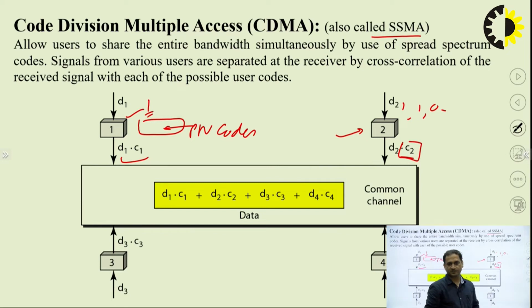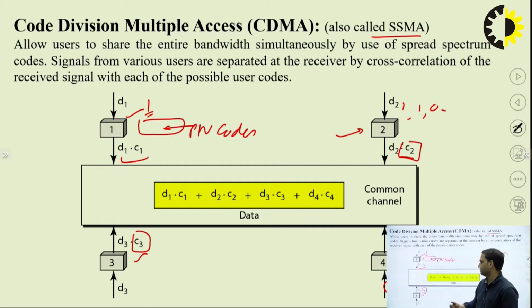In a similar fashion, when user 3 wants to transmit its own data, another PN code is required for user 3 to multiply with D3, and this will be transmitted. Next is user 4. This user 4 wants to transmit a data bit, and this data bit will be multiplied with another PN code. So all these 4 PN codes are required for the different users to transmit the data.